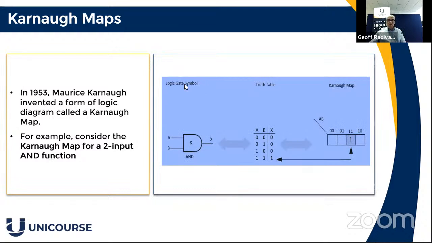So what we have here is a logic gate, an AND gate. That is the symbol. We've got 2 inputs, A and B, and we've got X as the output. The way we've set these zeros and ones out is using something called the Gray code, which we'll look at very briefly.